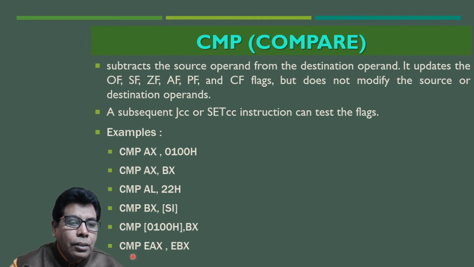Then here we have two registers which are 32-bit, and they are compared. So in all cases, the subtraction of the source operand from the destination operand takes place, and only the flags are set. A subsequent jump or set instruction can test the flags.